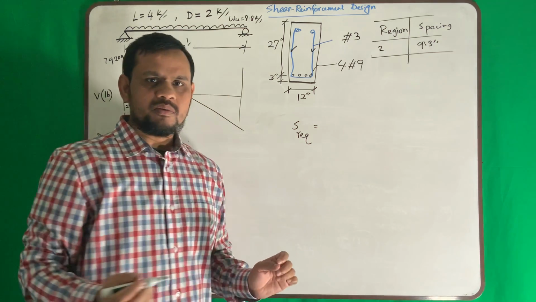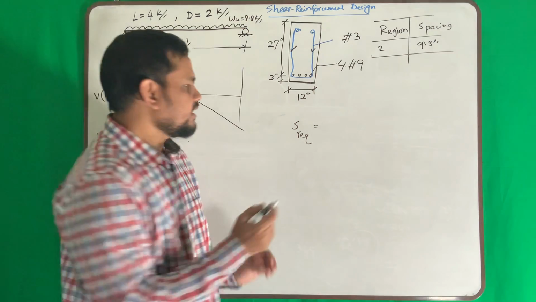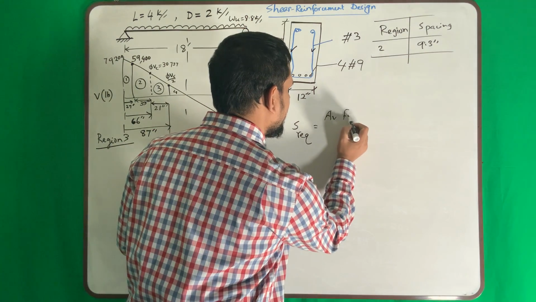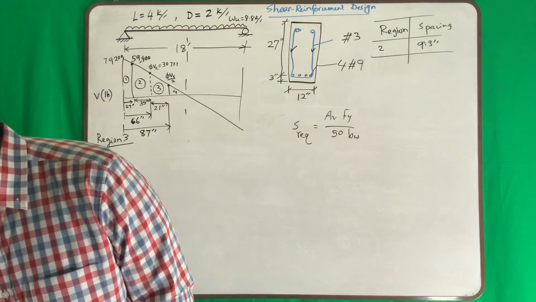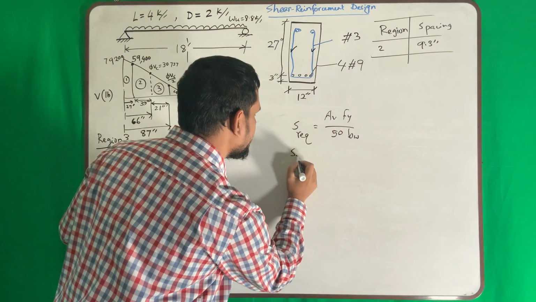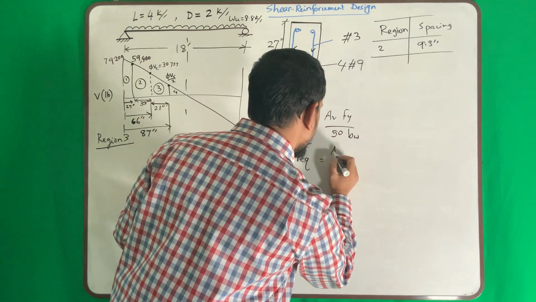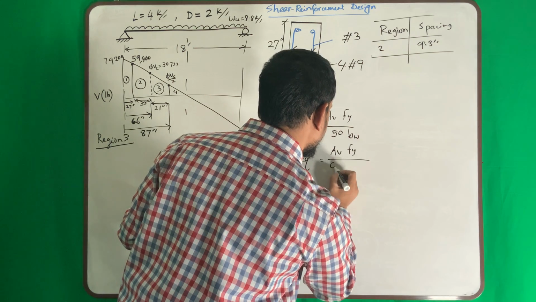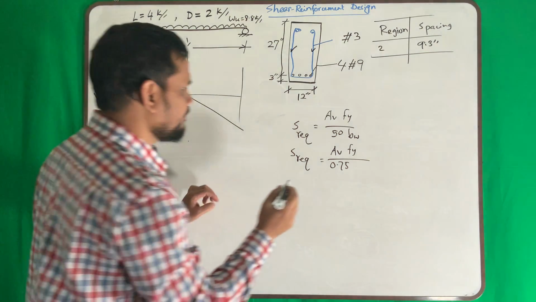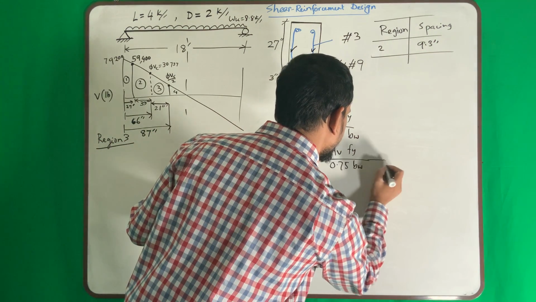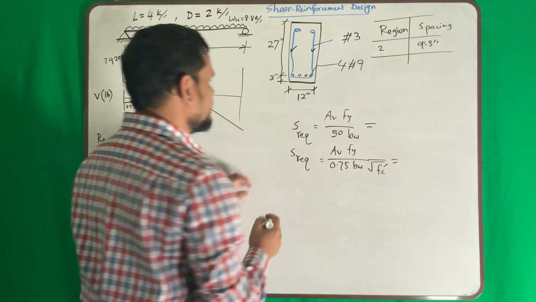If you see your book, when I cannot remember the equation, it is this equation: Av Fy over 50 bw. Or, S required is Av Fy over 0.75 square root of f'c bw. So this equation is the required.